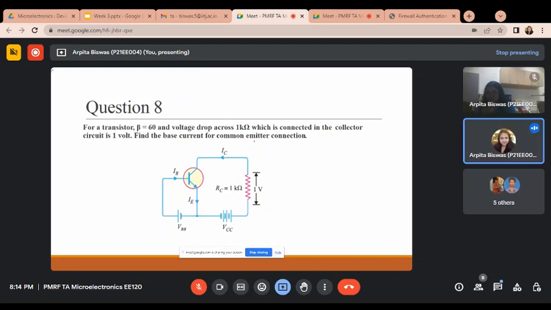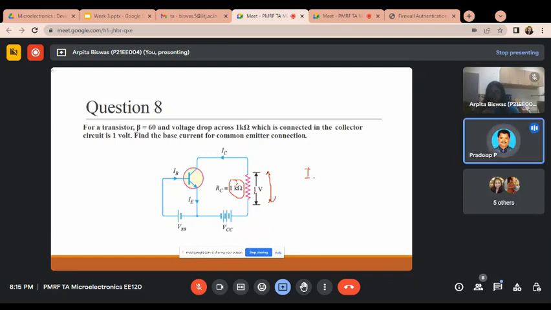Kavya, now we can calculate. Here the voltage drop is given and the resistance value is given. So now tell me, what will be the current flowing through this resistance?